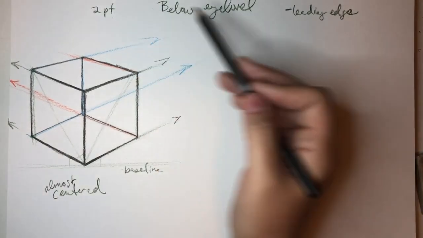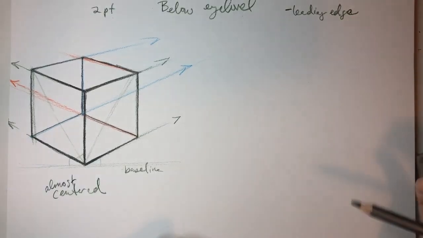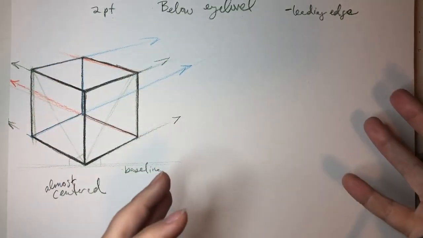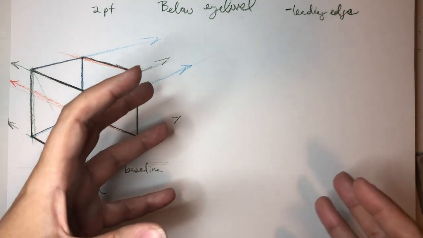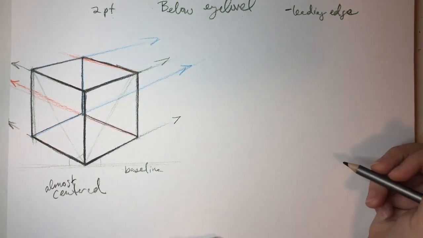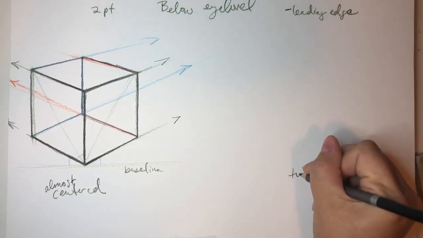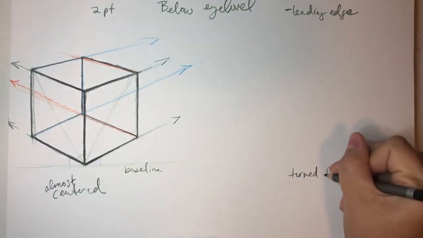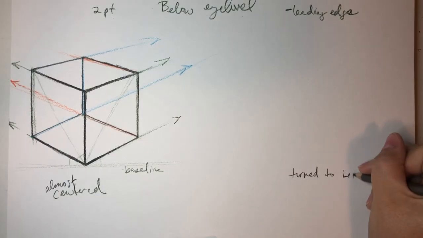This time I want you to draw a 2-point cube below eye level, but I want you to rotate the cube to the left so that I can see more of the right hand side. So turned to the left.